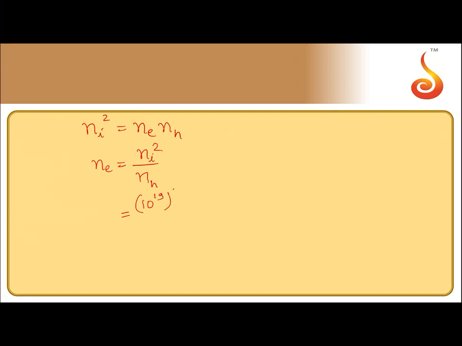So it is 10 to the power 19 square divided by hole concentration, which is 10 to the power 21. So this turns out to be 10 to the power 38 divided by 10 to the power 21. So that should be 10 to the power 17 per meter cube. This should be the electron concentration.